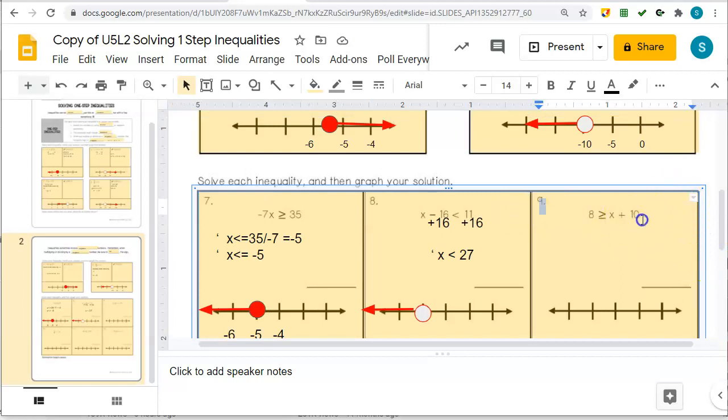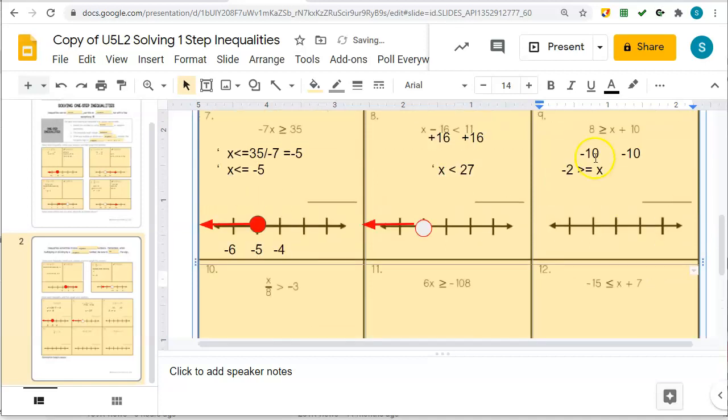We want to get rid of this plus 10, so we have to subtract 10. It's not multiplying or dividing by a negative though, so everything stays the same. So let's go ahead and put our minus 10 and our minus 10, and we get 2 is greater than or equal to x. Oh, sorry. 8 minus 10 is negative 2. Now, we could also write that as x is less than or equal to negative 2. Okay?